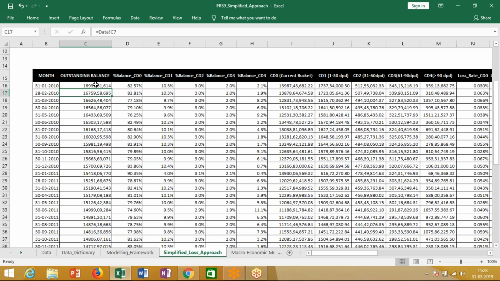The basic idea behind these columns is to break the values in column C into five different columns. When you add up these five values, you will end up with this value, right? So these five columns show the distribution of this outstanding balance. Is this part clear?